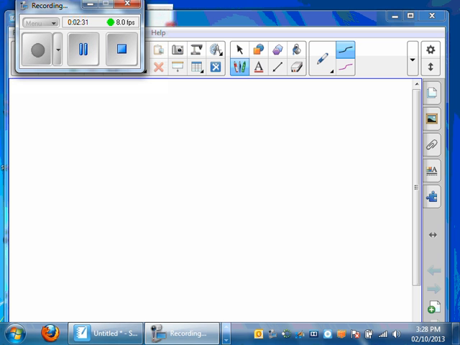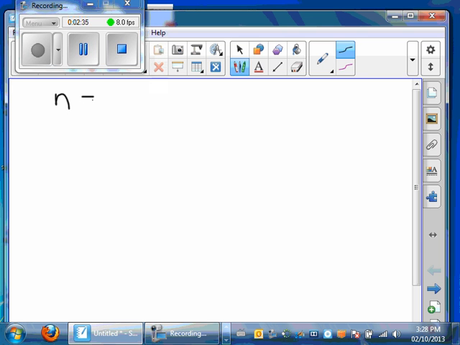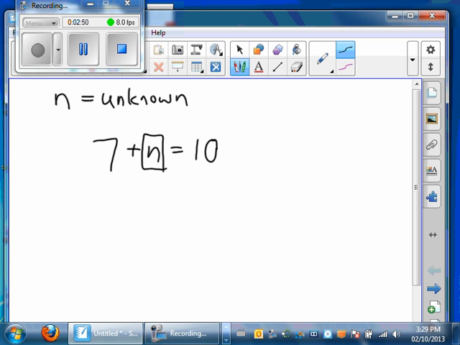Okay, so we know already that n just simply represents an unknown number. From our previous example, when we went 7 plus n equals 10, this just means that we haven't yet figured out what that number is. That's all that means.